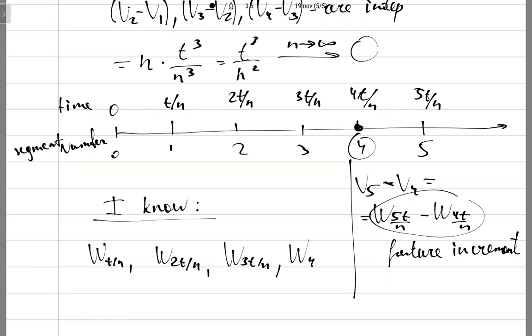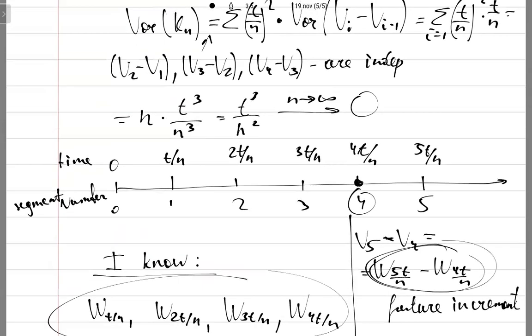I know W4T over n. And so the future increment is independent of everything I know. I may combine what I know in every way: take the differences, the sum, the product, logarithm, cosine, any measurable function, any continuous function, and what I know will be independent of the future increment. So that's why this future increment is independent of all past increments.